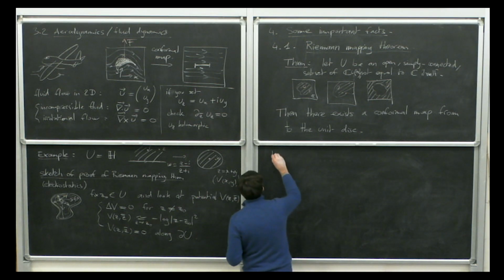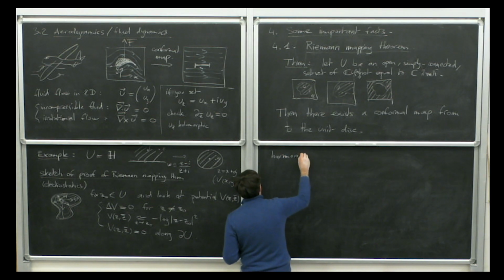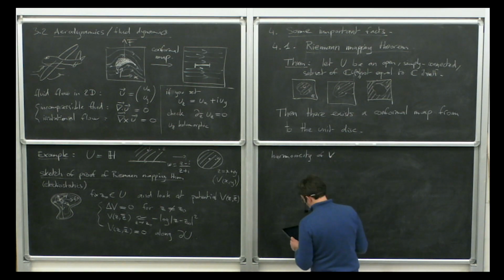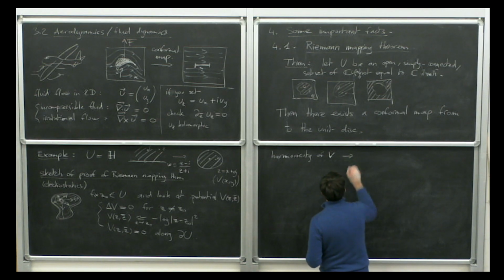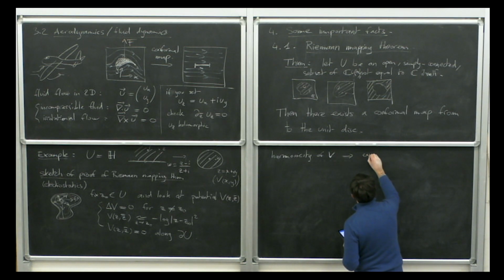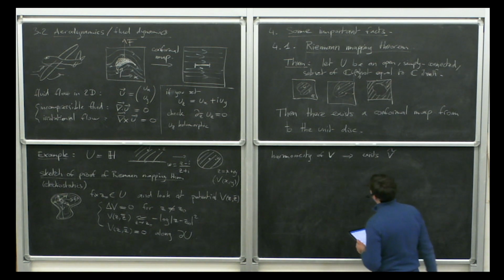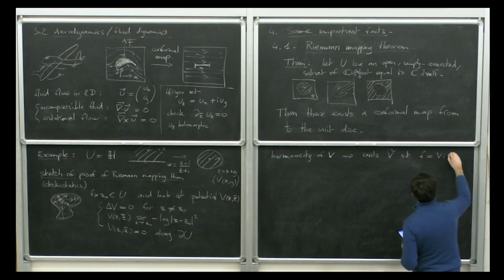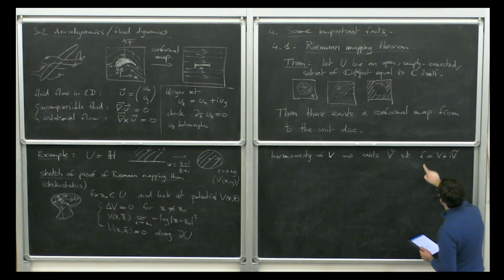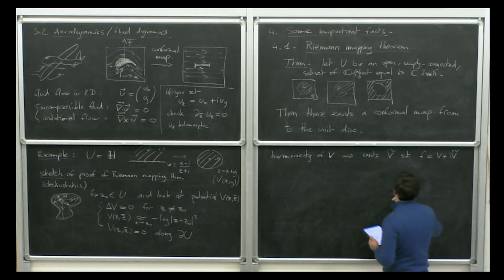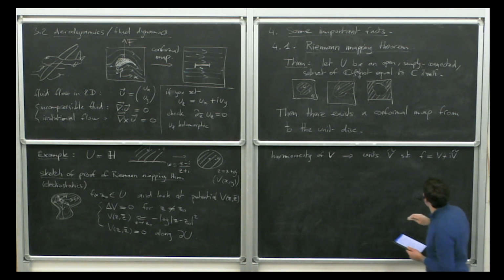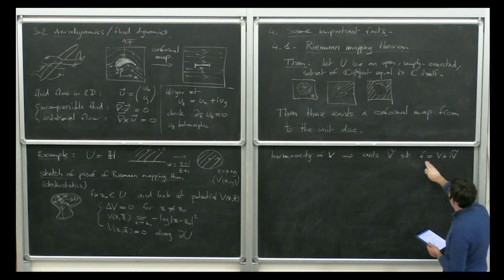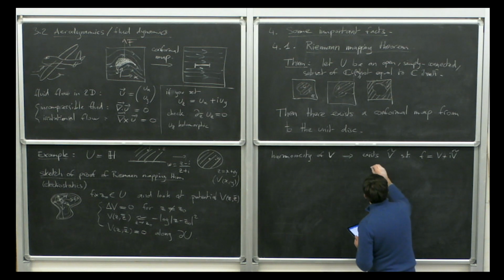So because of the harmonicity of V, this implies that there exists another function V tilde, such that if I define f as V plus i V tilde, which is a function of x and y, or equivalently of z and z bar, then because V is harmonic, I can construct a V tilde such that V plus i V tilde is actually holomorphic.